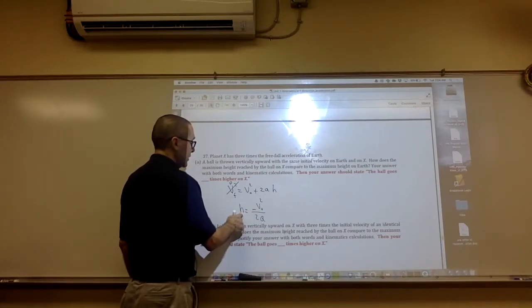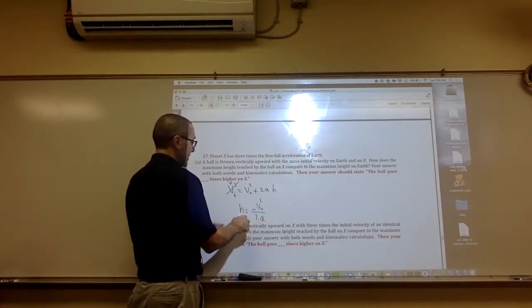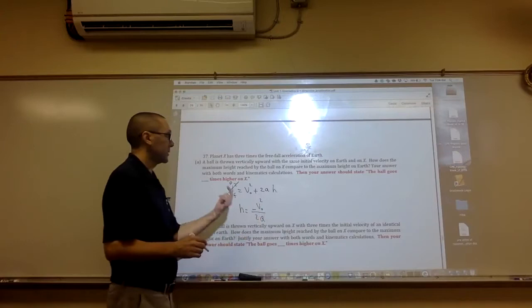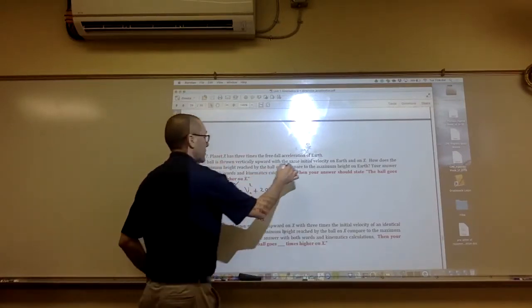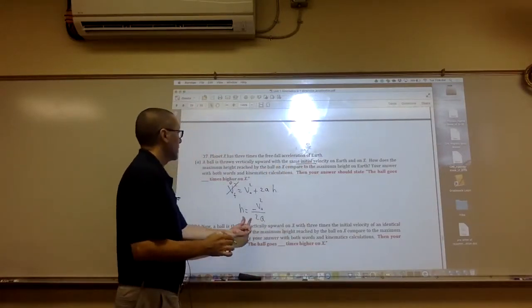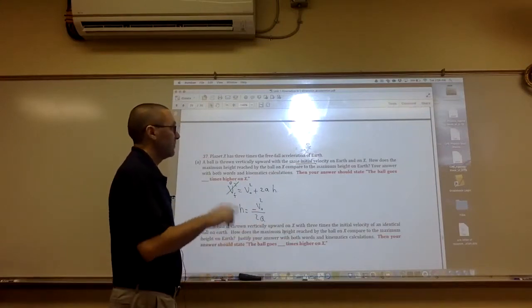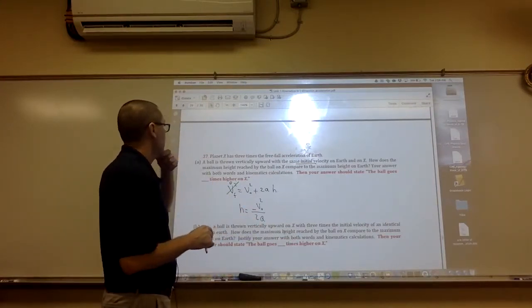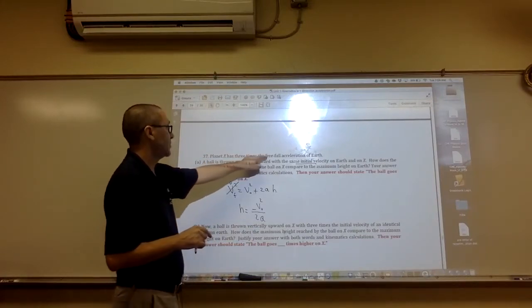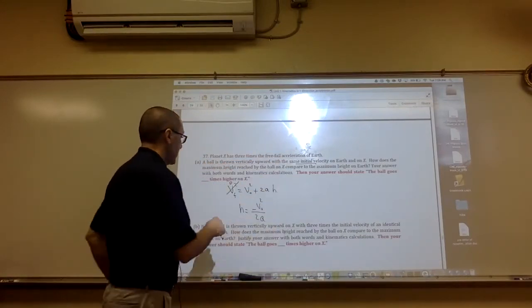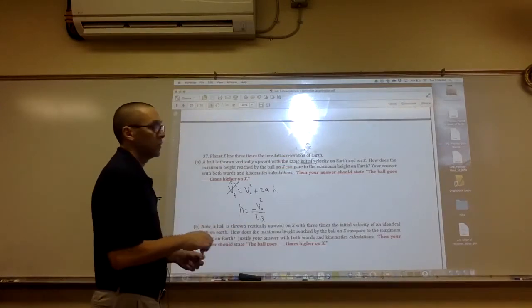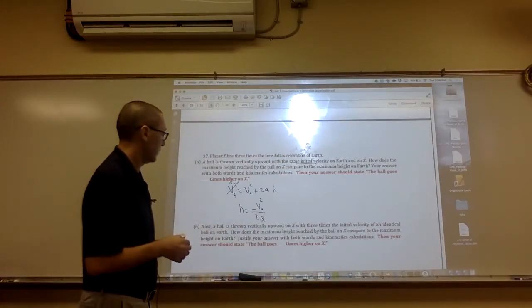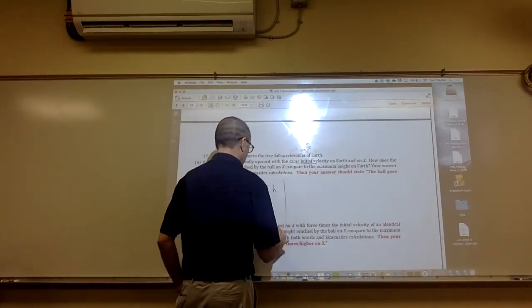So h is negative VO squared over 2a. The VO is constant because it says the same initial velocity. Which means h and a are inversely related, right? Which means if planet X has 3 times the free fall acceleration, the h will be 1/3 as much as on Earth.